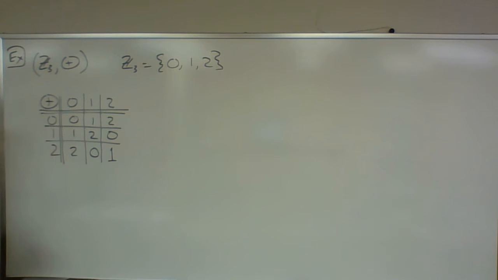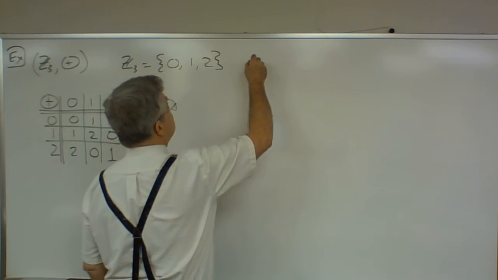So this is the group table for the integers modulo 3 under addition modulo 3. Well, let's consider another example.